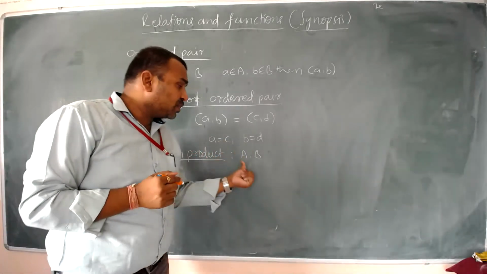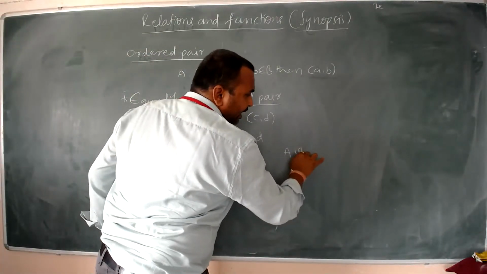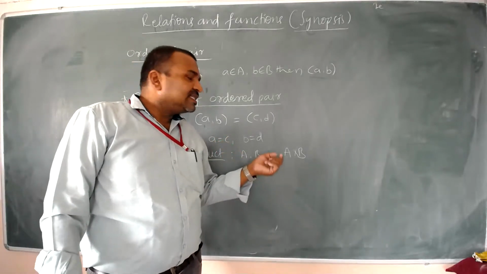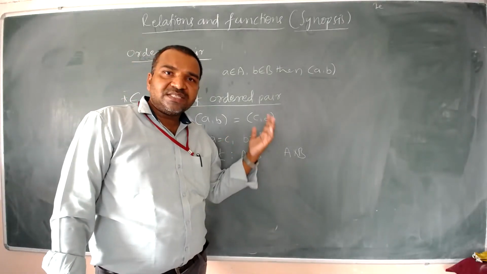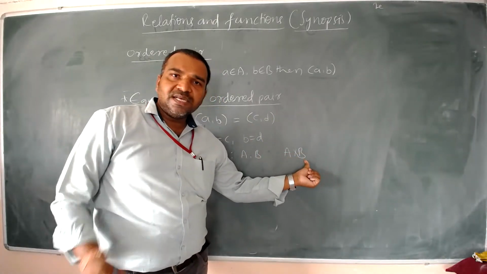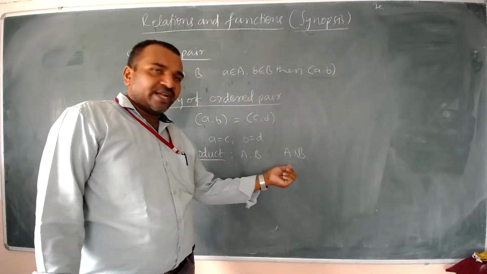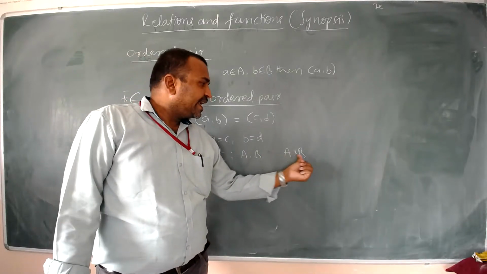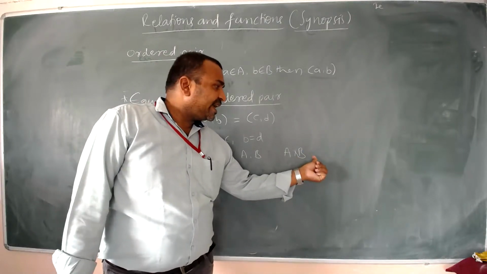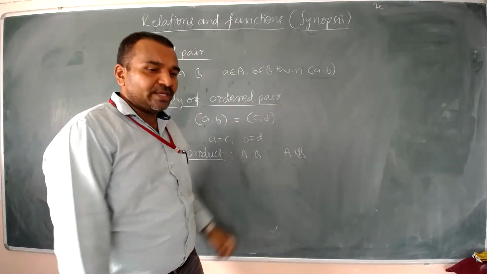The Cartesian product of A and B is denoted by A cross B and defined as the set of all ordered pairs from A to B. So A cross B is the symbol. You can say Cartesian product. A cross B is a Cartesian product. It is defined as the set of all ordered pairs from A to B.